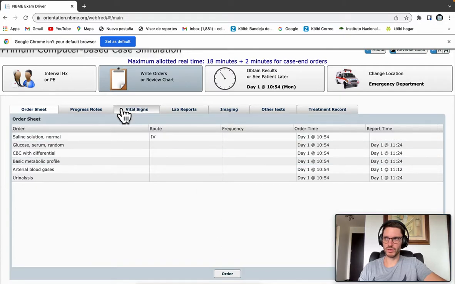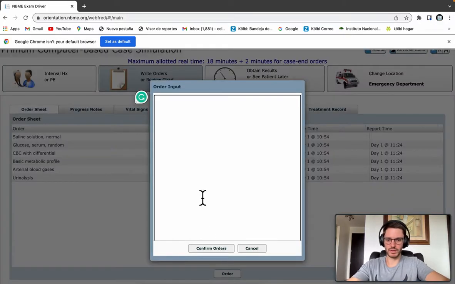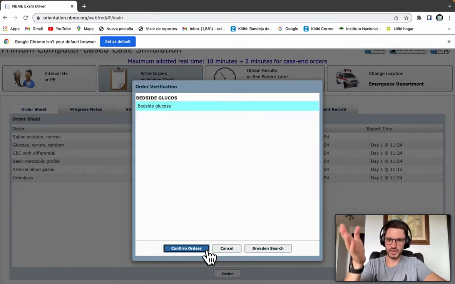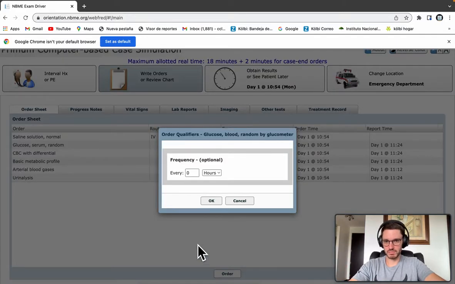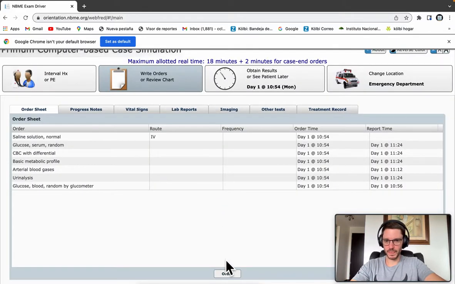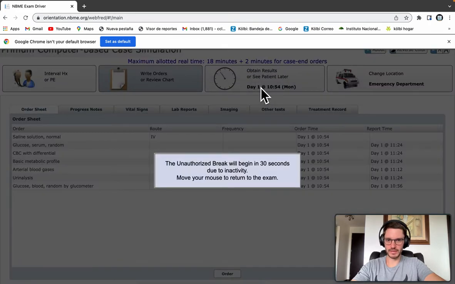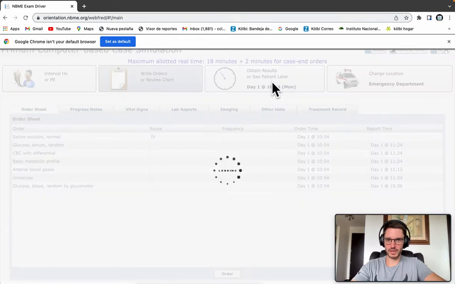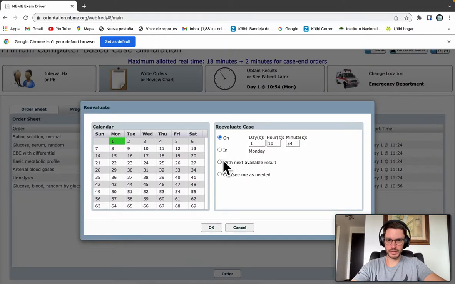Bedside glucose, not sure. Bedside glucose. Yeah, I guess that's it. So let's see what happens. We want to see next available test.